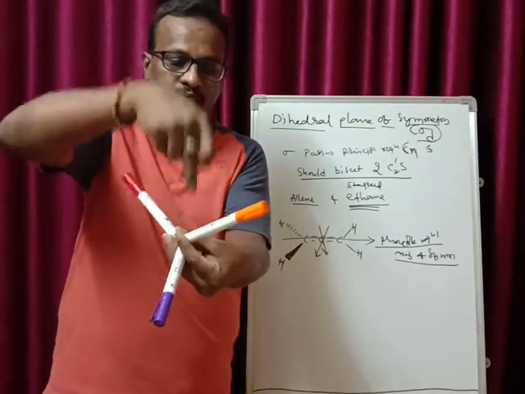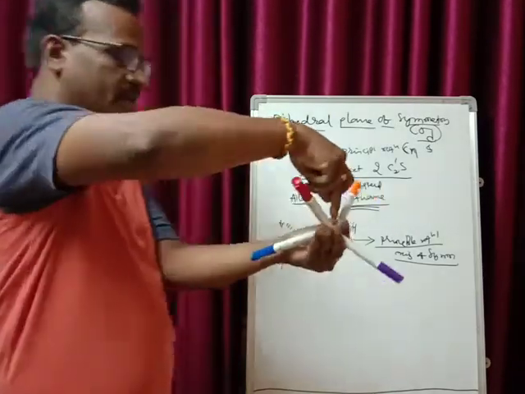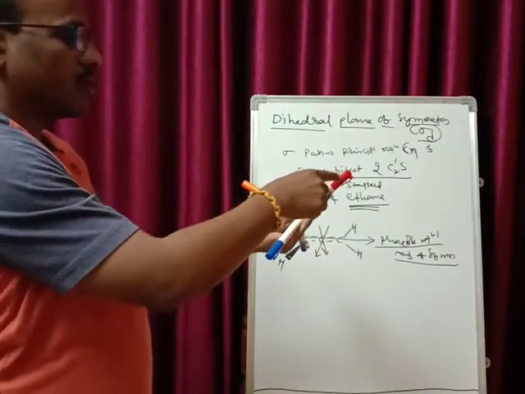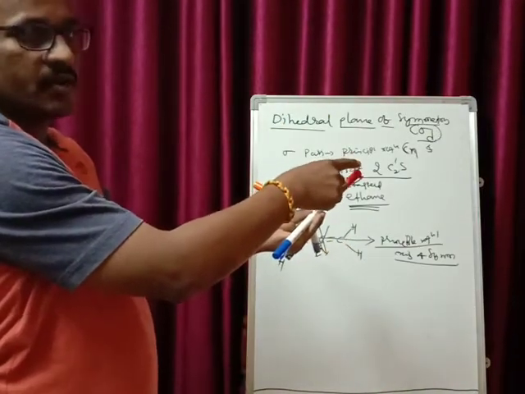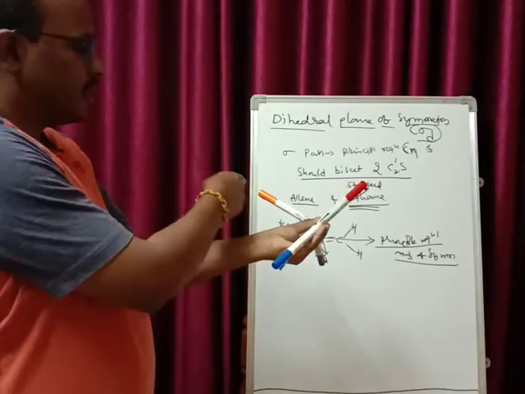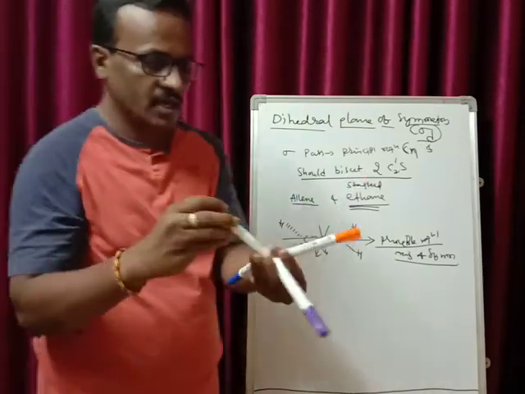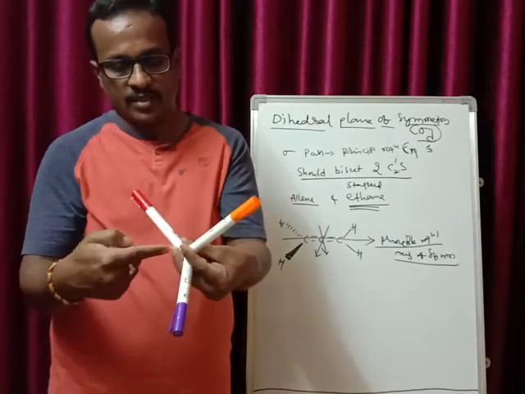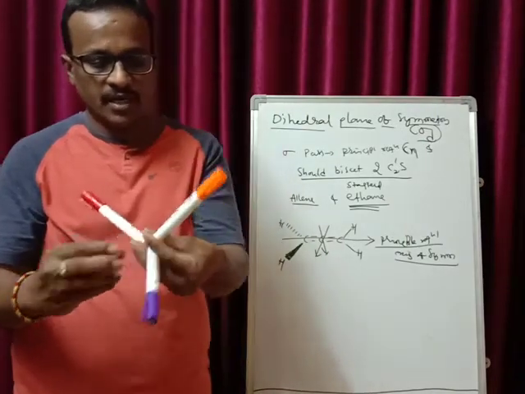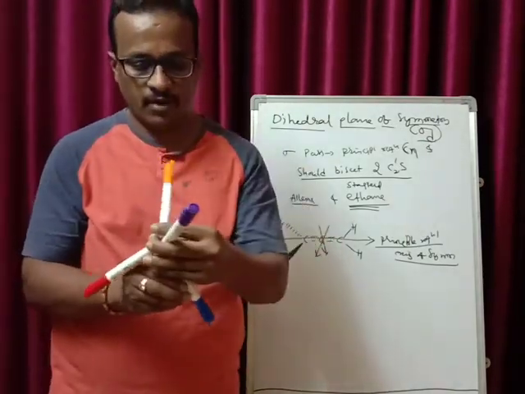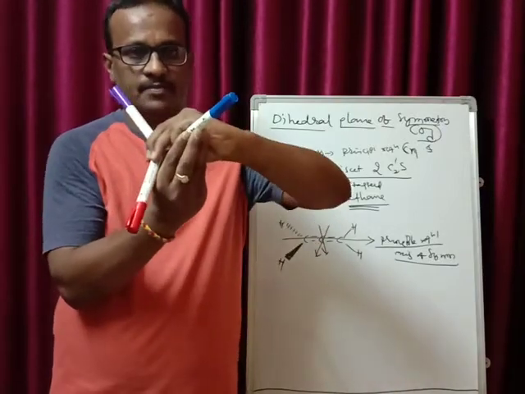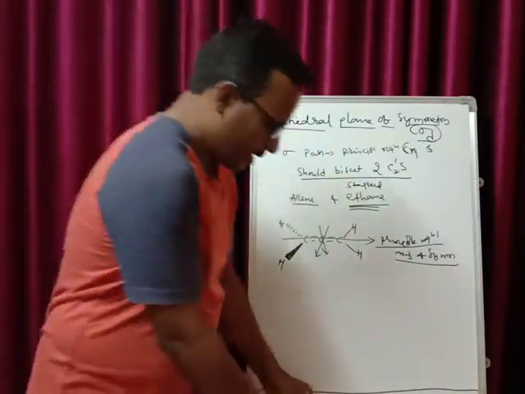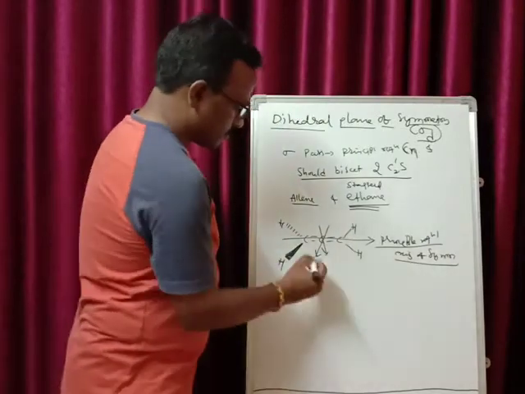Now if I pass the axis like this and rotate 180 degrees, you can see again you get this above the plane on your right side, below the plane towards your left, and the other atoms. This is one C2. Similarly, there is another C2 passing along this axis, such that I am rotating it 180 degrees like this. So altogether it has three C2s.